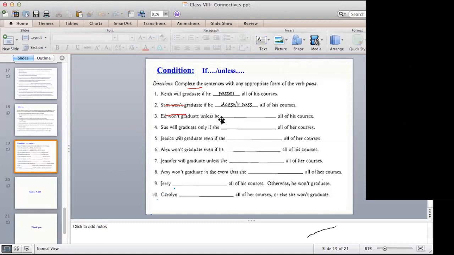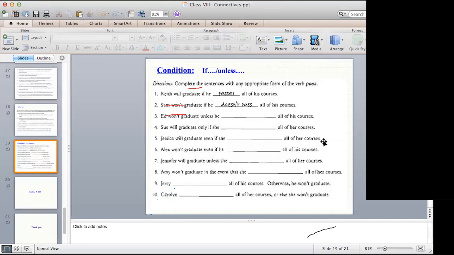Jessica will graduate even if she doesn't pass all of her courses. We have contrast. Alex won't graduate even if he passes all of his courses. Jennifer will graduate unless she passes, because we have unless affirmative, all of her courses.